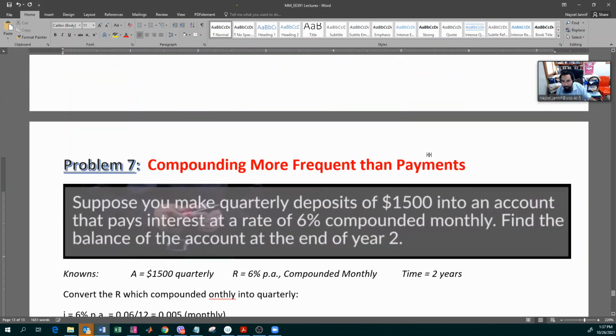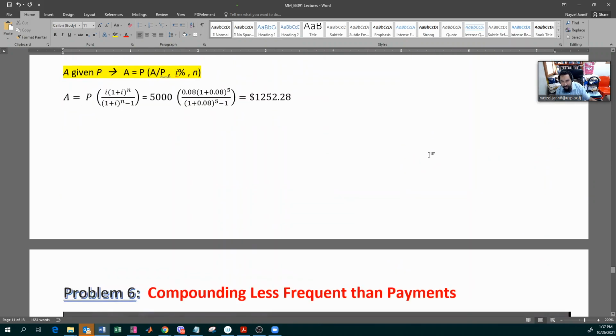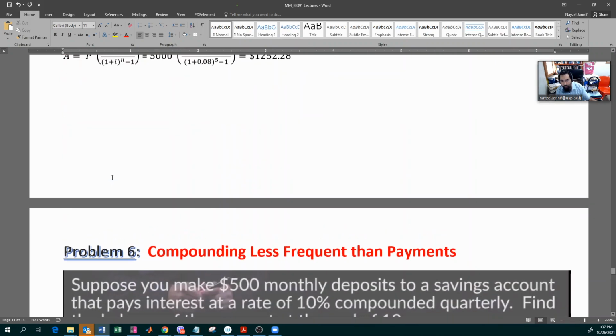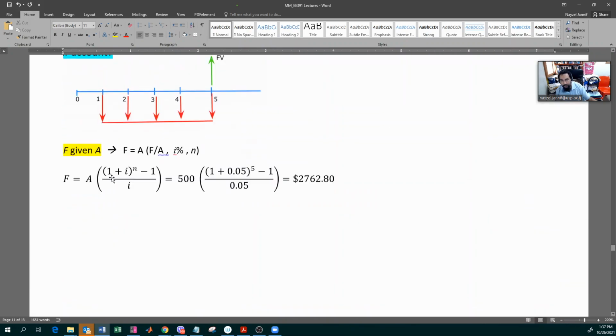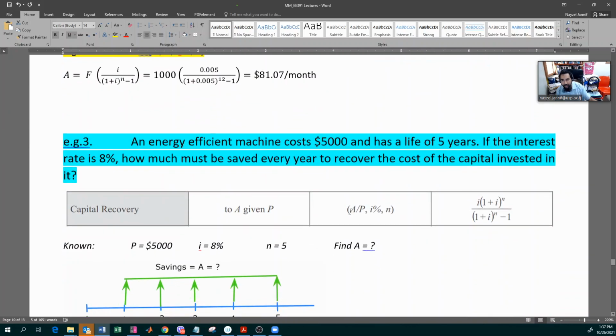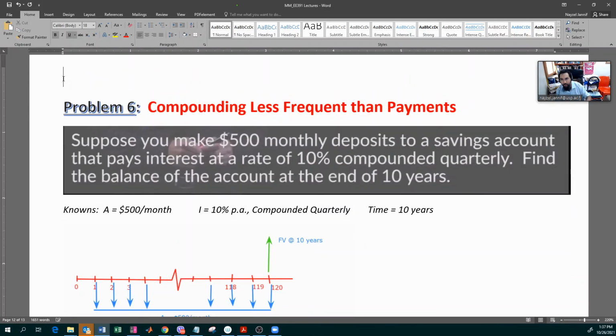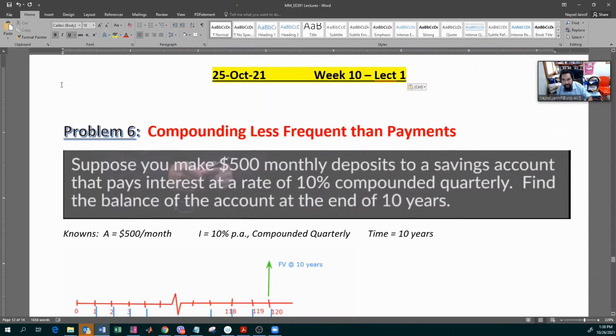Let's now do another example. By the way, I've forgotten to put our date and time. This is very important for the purpose of tracking your progress. So problem 6, we did that today.